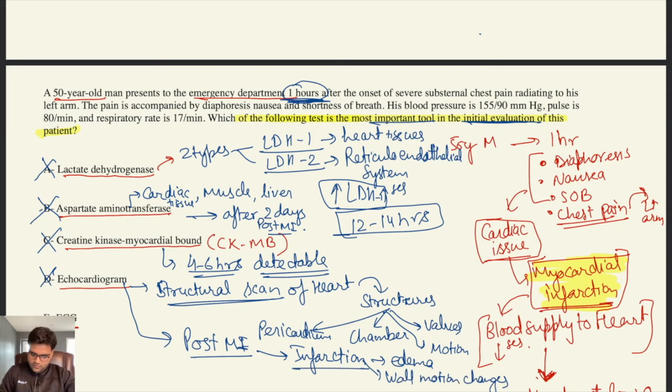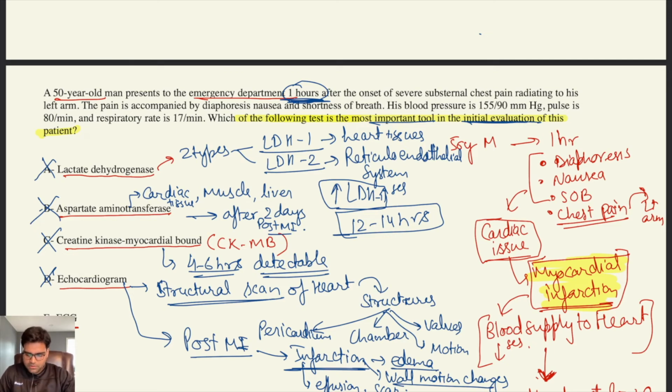So we can see echocardiogram as a very good diagnostic tool for pericarditis or pericardial effusion. We can see effusion, and scar, and wall motion changes and edema, but that's after a week or after 4 or 5 days.